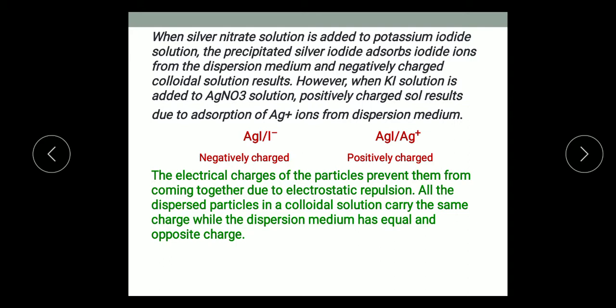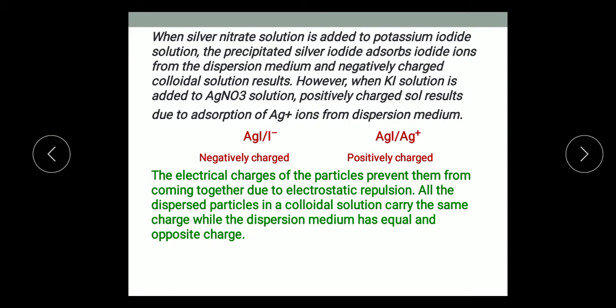But now in the solution, the concentration of silver ions, which are common to AgI, is more. So now the sol particles will preferably adsorb silver cation because it is common to it.